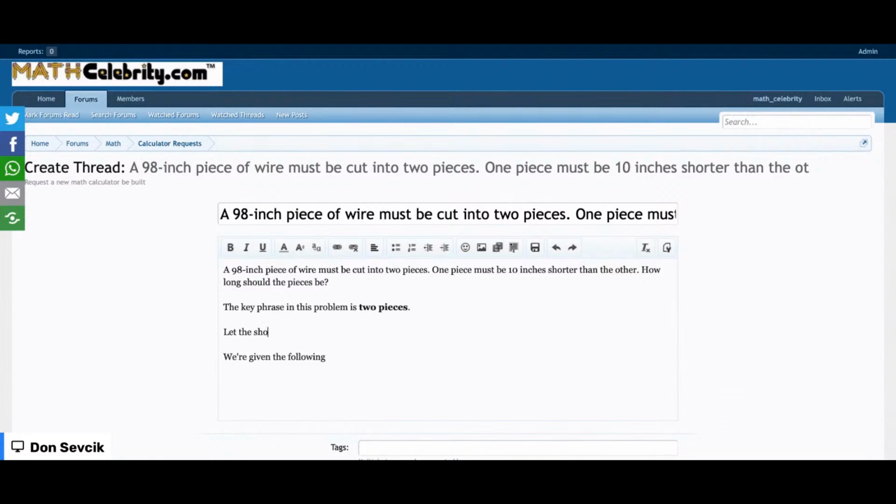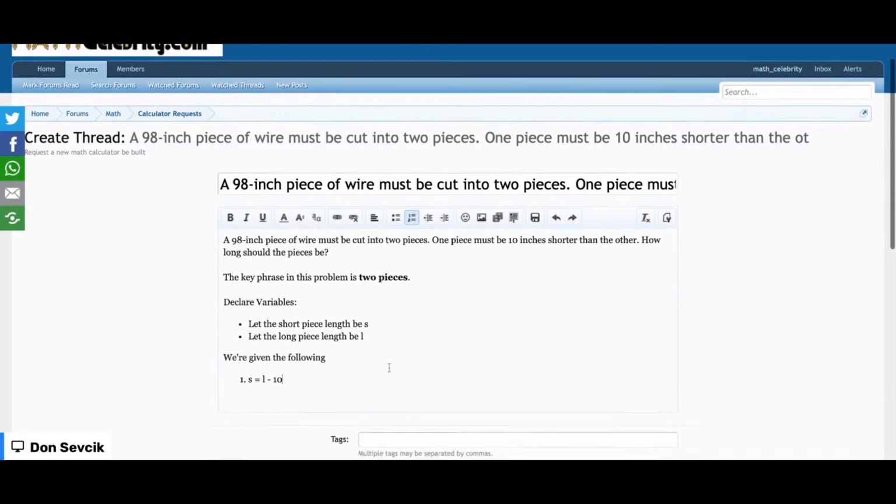Given the following, we'll declare variables. Let the short piece length be S, and the long piece length be L. We're told that S equals L minus 10, because it's 10 inches shorter than the other.